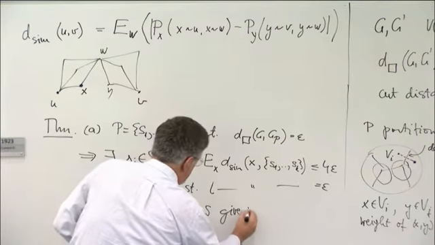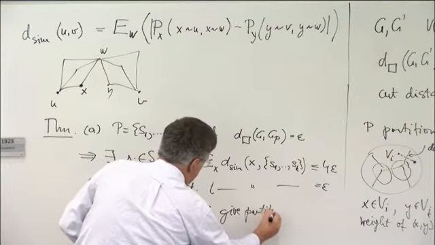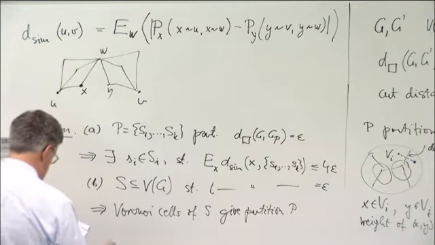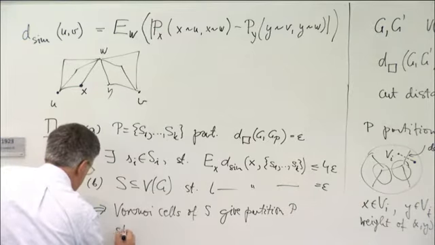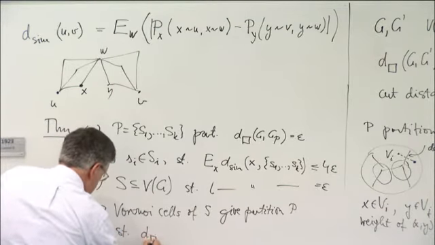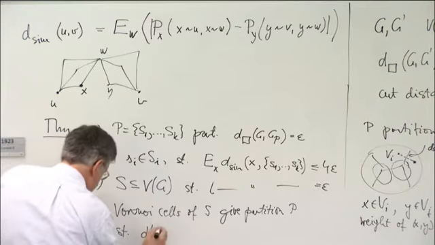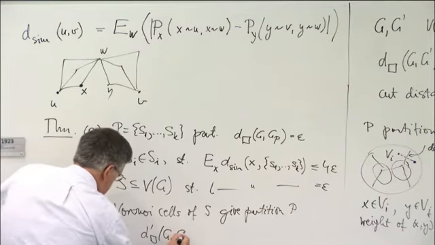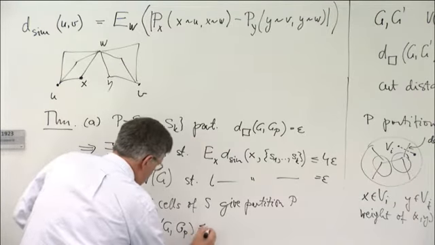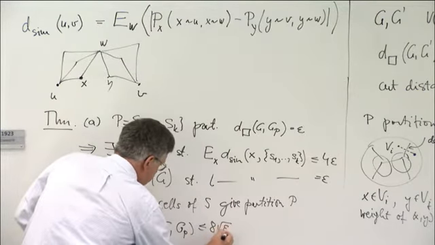So we get a partition P such that the cut distance between G and G_P is bounded by 8 times square root of epsilon.